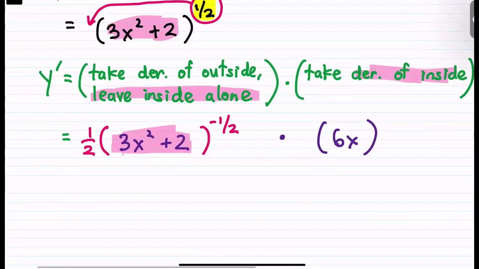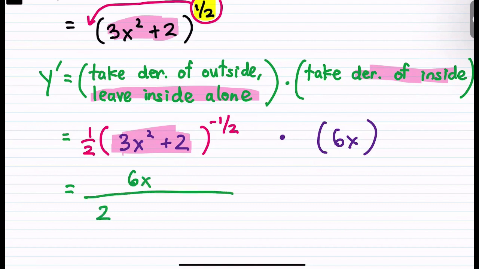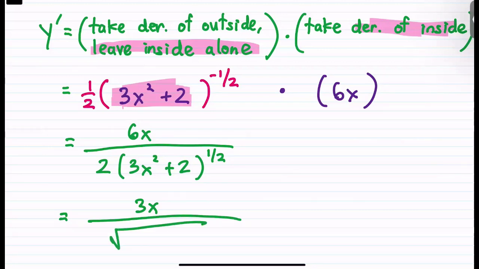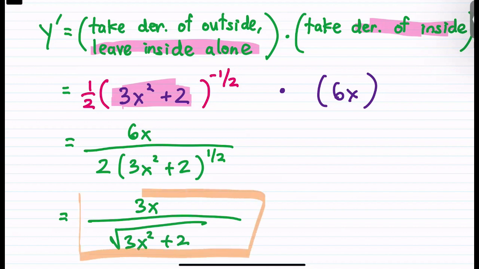Once we've simplified our expression, it will turn out to be 6x over 2 times 3x squared plus 2 raised to the positive 1/2 power. Let's simplify this some more. So we have 3x over the square root of 3x squared plus 2. There's nothing else left to simplify, so this right here is our derivative using the chain rule.